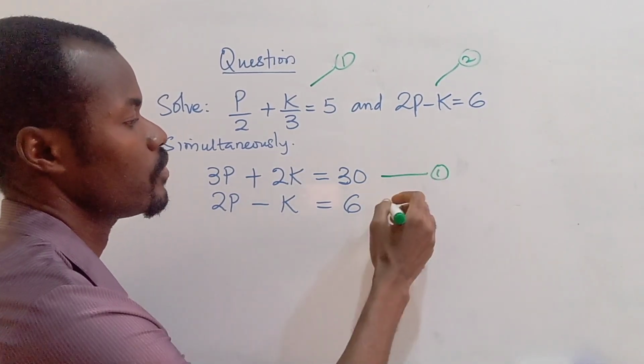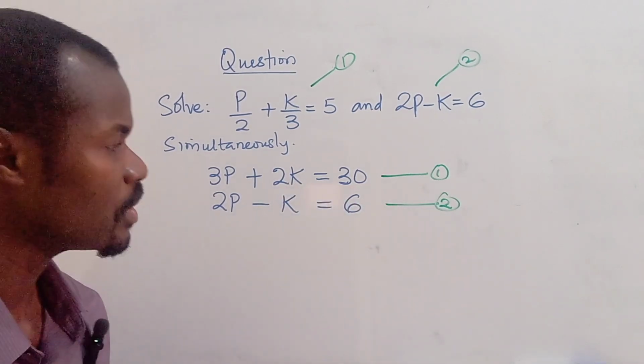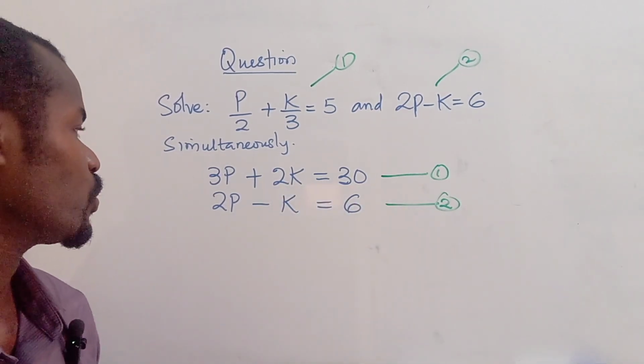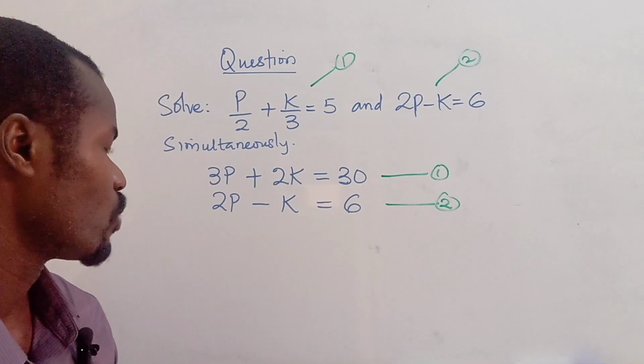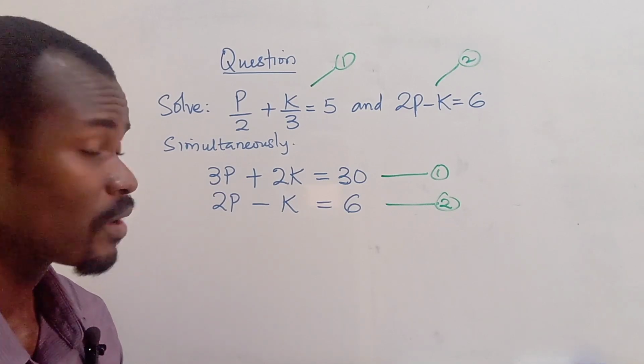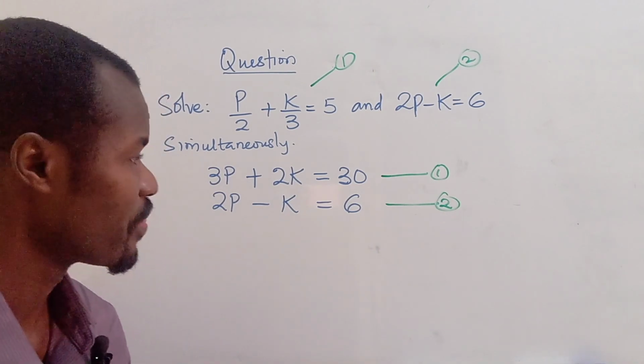Okay, so now that we have gotten our equations in this form, we can use any of the methods to solve the simultaneous equation. So what method should we use? All right, let's use the substitution method.